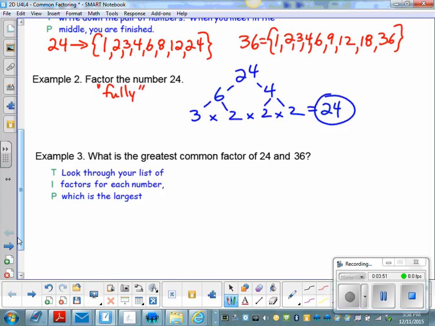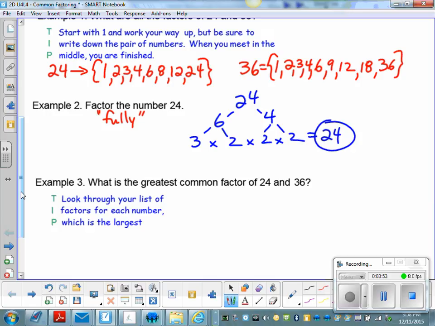So now if we're talking about greatest common factor, if you look up above at the factors that we listed for 24 and 36, what's the greatest common factor? So if we work our way up here, 36 isn't common, 24 is not common, 18 is not common, but the greatest common factor is equal to 12.